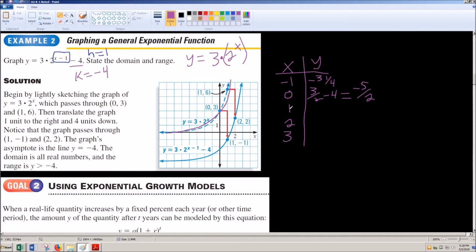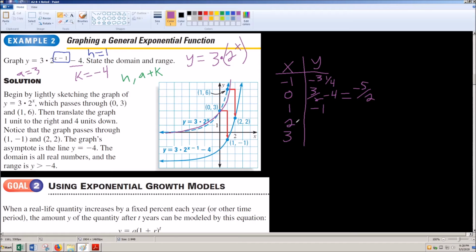For my 1 value, we already said what this is going to be. This is going to be h comma a plus k. The h value here is 1, and when I plug the 1 in, it's going to be a plus k. The a value here is 3, so a equals 3. The k value is -4, so this gives me -1.